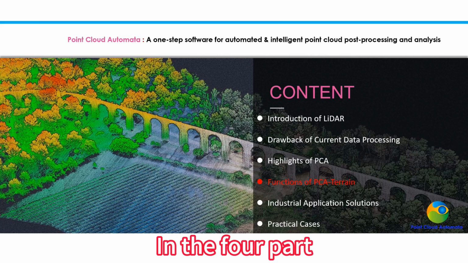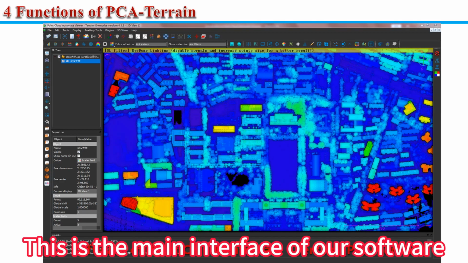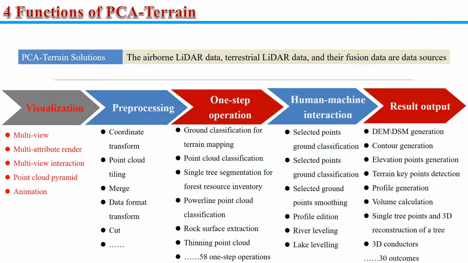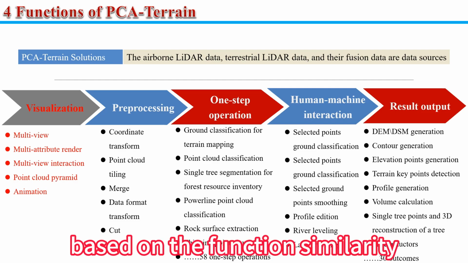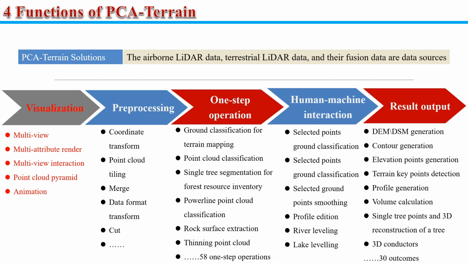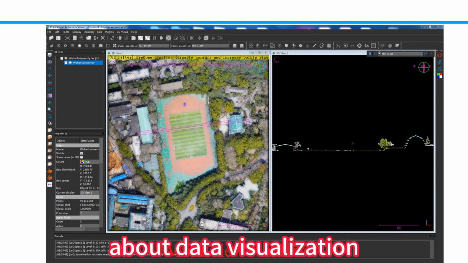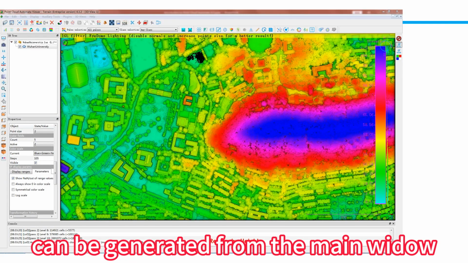In the fourth part, I will introduce main functions. This is the main interface of our software. PCA Terrain is divided into 5 parts, based on the function similarity. First, about data visualization. A profile window can be generated from the main window.